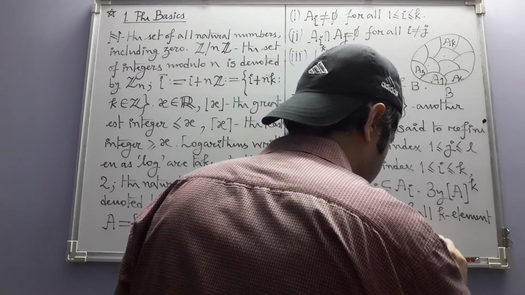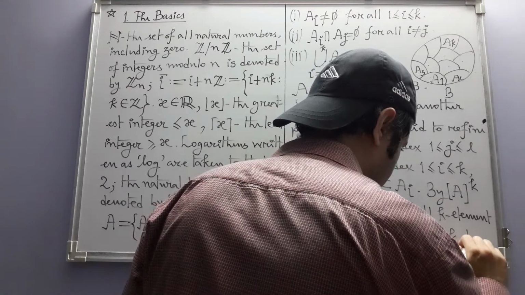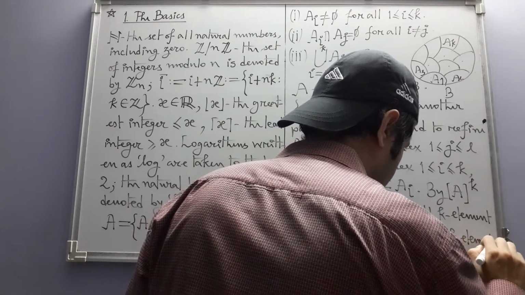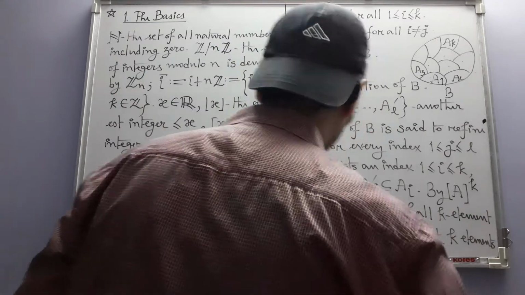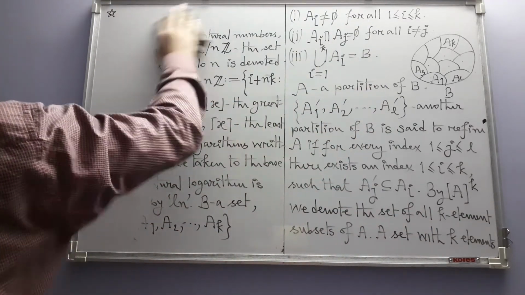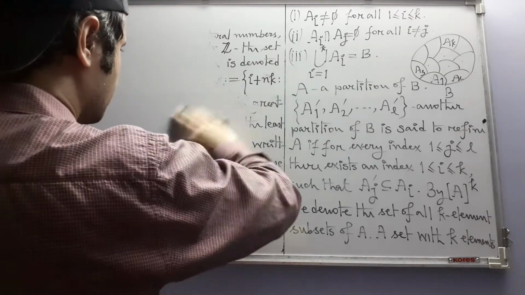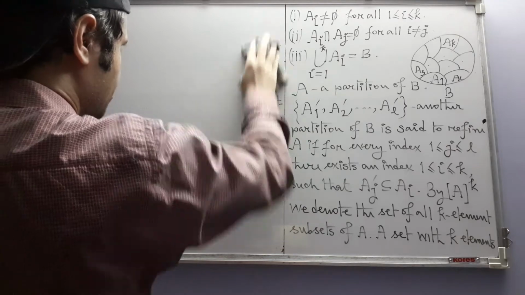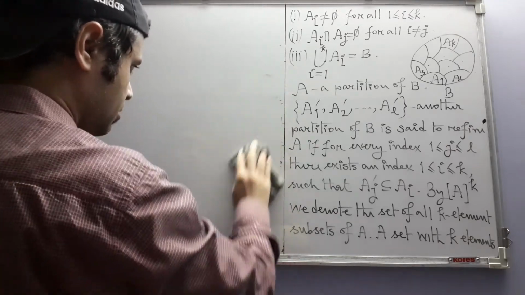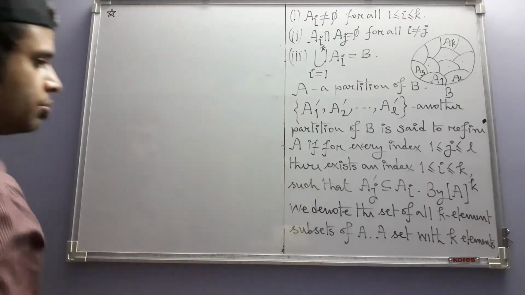A set with K elements is called a K set. These are all things for our convenience and for shortening existing notation later on in the book.